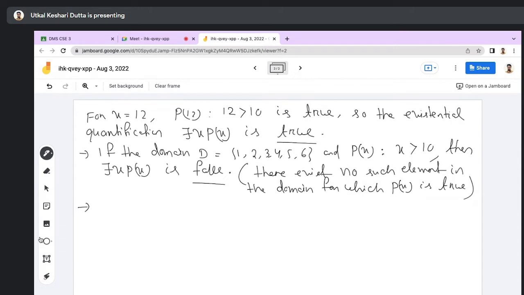Like in universal quantification, instead of for all, we use for every, for each. Like this, some similar words you can use instead of there exists.